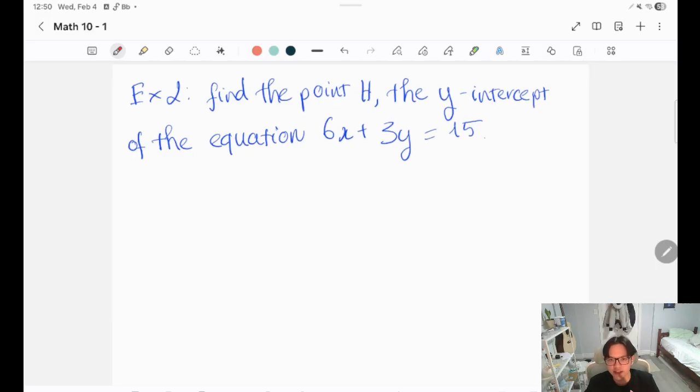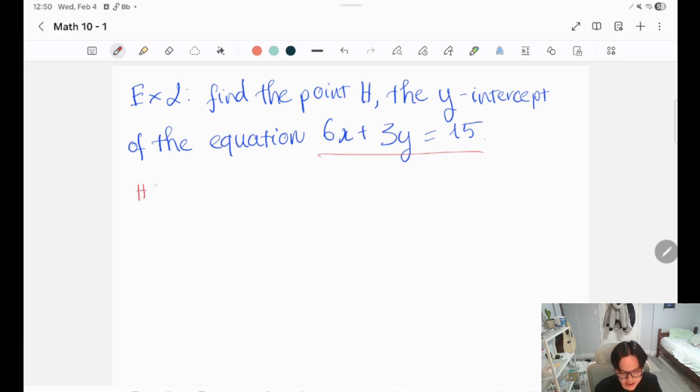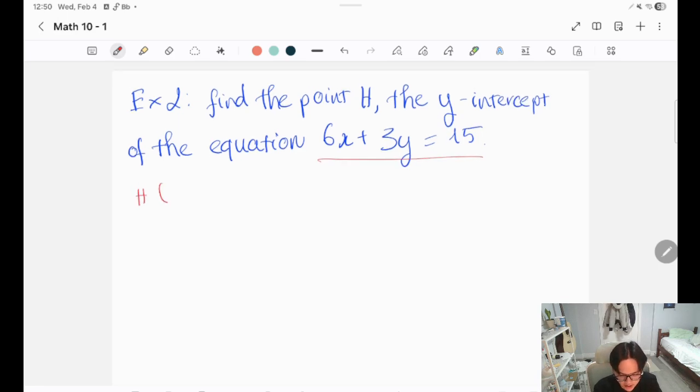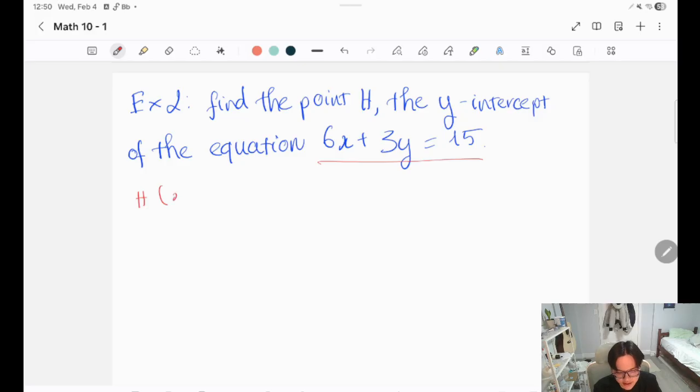Find the point H, which is the y-intercept of the equation 6x plus 3y equal to 15. So, okay, I put the point H here. Just call its coordinates xh and yh.